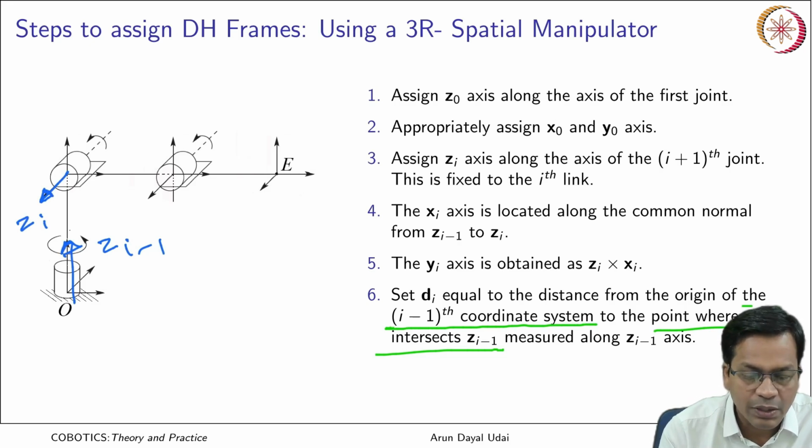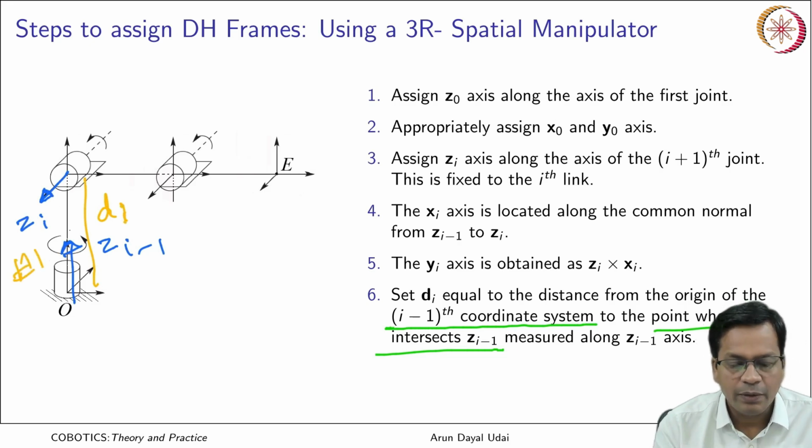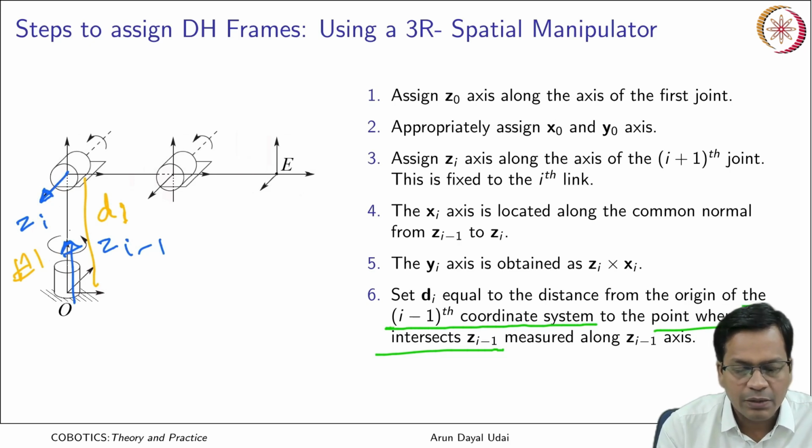This distance is your di. Over here it is the first link, so it is d1. But you see there is no other di, there is no distance measured along the z axis across any of the other links. For link 2 and link 3, that is not there.